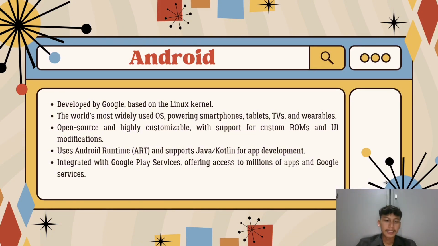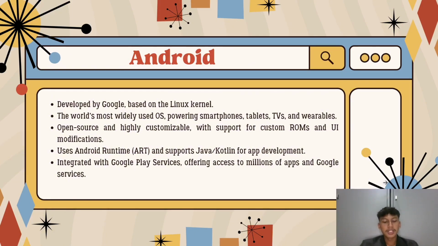Another key benefit of Android is Google Play Services, which provides deep integration with Google's ecosystem. Features like Google Maps, Gmail, Google Drive, Google Photos, and Google Assistant are all optimized to work seamlessly within Android. This makes Android an excellent choice for users who rely on Google's cloud-based services for work, communication, and daily activities.